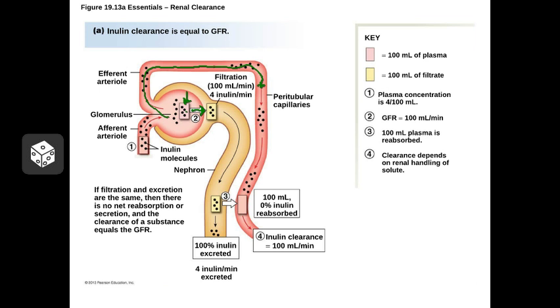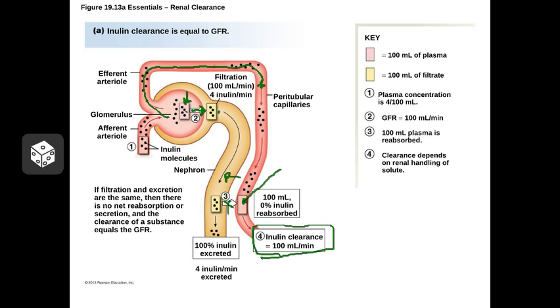So we know that inulin is freely filtered, but it is not reabsorbed and it is not secreted. Therefore, this 100 mils of plasma has been completely cleared of inulin. The inulin clearance is 100 milliliters per minute of plasma.